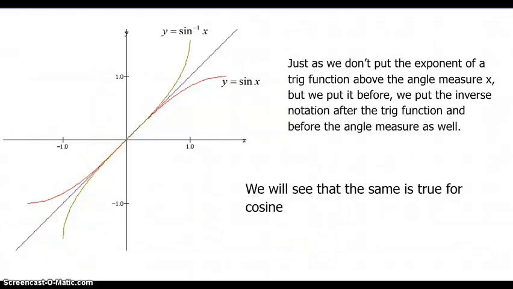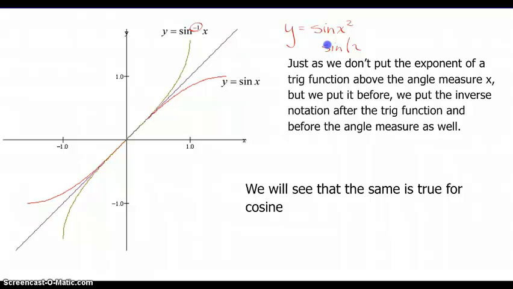Just as we don't put the exponent of a trig function above the angle measure x, but we put it before the angle measure, we put the inverse notation after the trig function and before the angle measure as well. Remember, we had a discussion that mathematicians knew it would be too confusing because this could have multiple meanings.